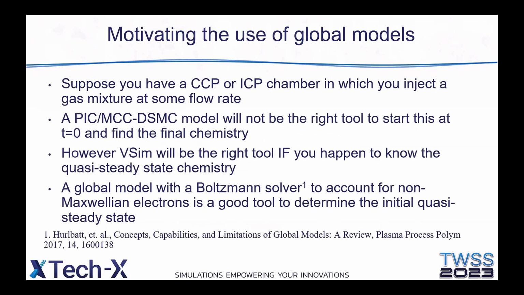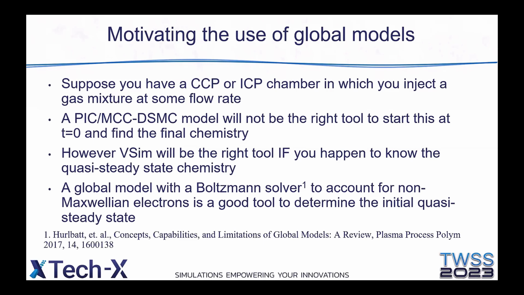Okay, so now I want to talk about a new feature, or a new direction we're headed in developing some examples moving forward and helping customers get set up with more complex chemistry in VSim. So just imagine you're modeling a CCP or an ICP chamber, and the question then is, what do I need to include?